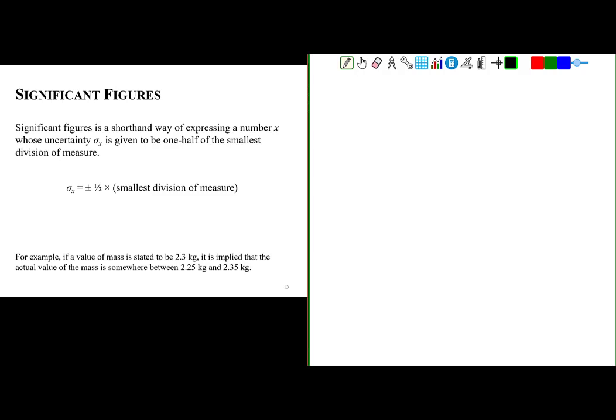Significant figures is a shorthand way of expressing a number whose uncertainty is given to be 1/2 of the smallest division of measure. So again, for another example, if we had something with a mass of 2.3 kilograms, our smallest division of measure is going to be considered to be in the 10th place.